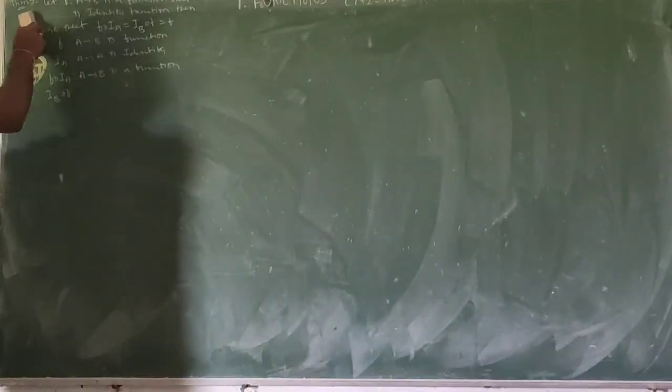IA, IB are identity functions. Then prove that f circle IA equal to IB circle f equal to f.